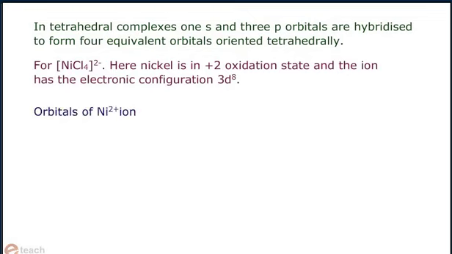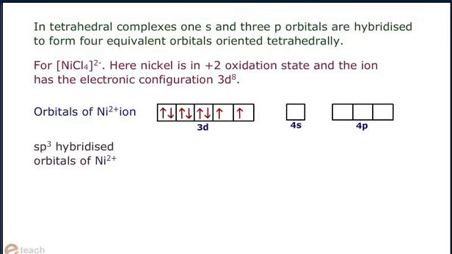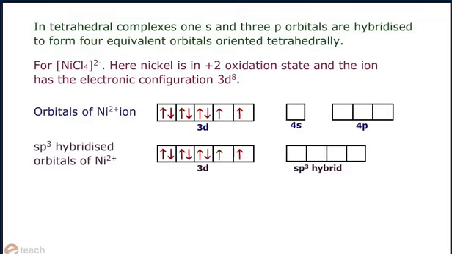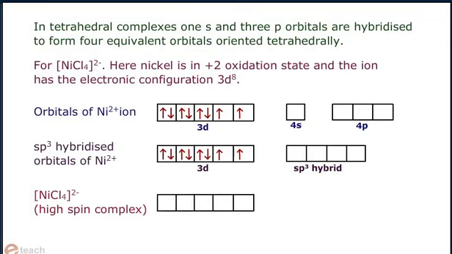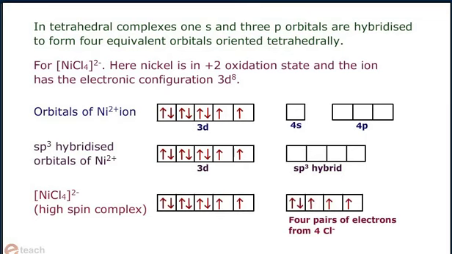You can see orbitals of Ni2+ in 3d8 4s0 and 4p0 configuration. The sp3 hybridized orbital of Ni2+ with 3d8 configuration and 4 hybrid orbitals of sp3, and [NiCl4]2- a high spin complex with 3d8 configuration and 4 pairs of electrons from 4 Cl- ions.